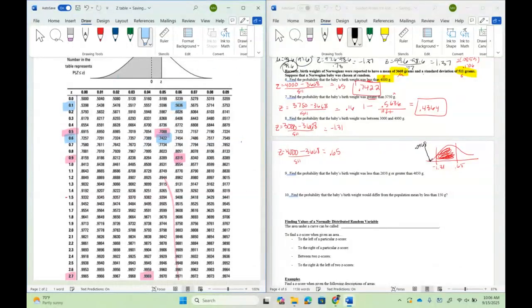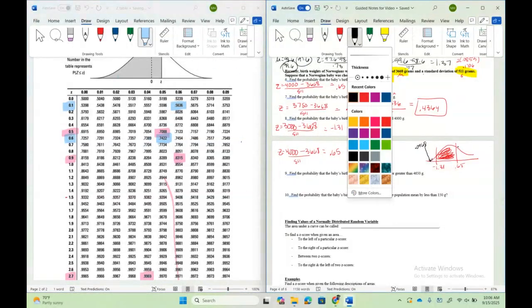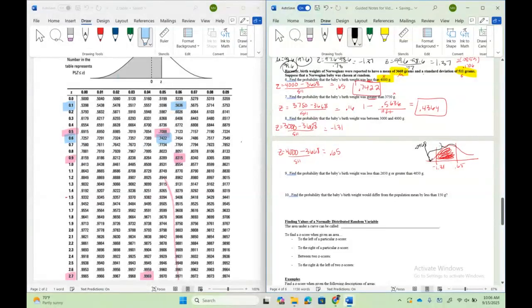Right here, 0.7422. So all of this is 0.7422. So we're going to subtract. All right. So that final answer is 0.6471.